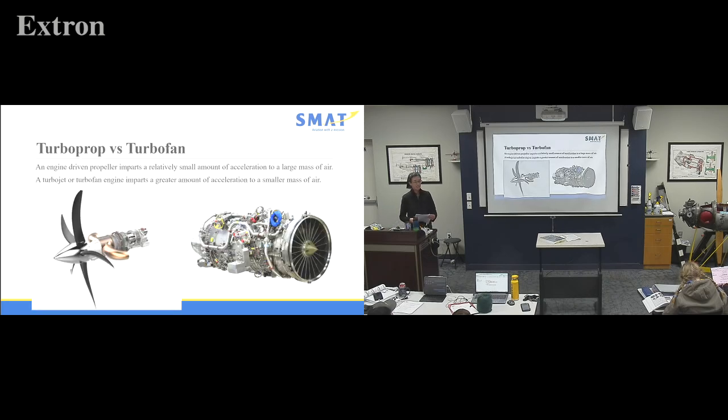Here is something that you will be tested on. They like to ask this question of a turboprop versus a turbofan. So think of our turboprop taking a ginormous bite of air. We've got all this mass of the blades out there, pumping the air, pulling the aircraft.